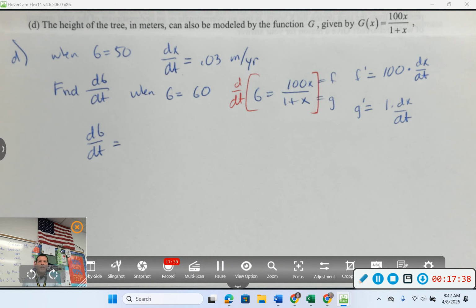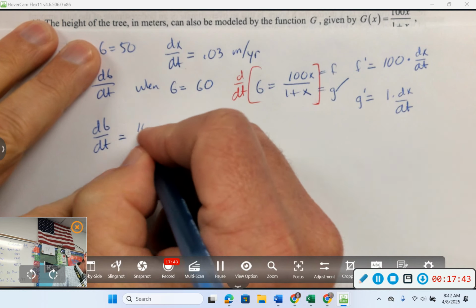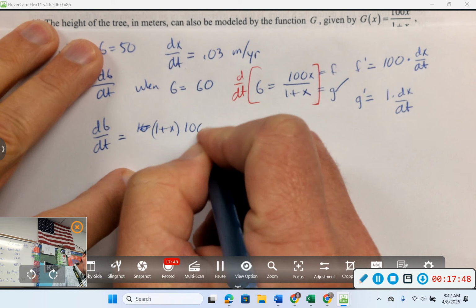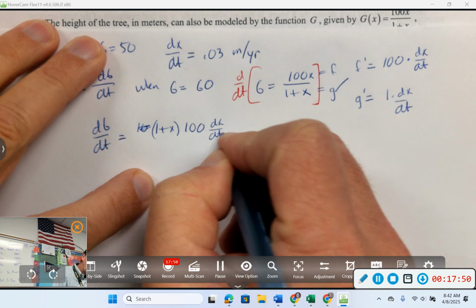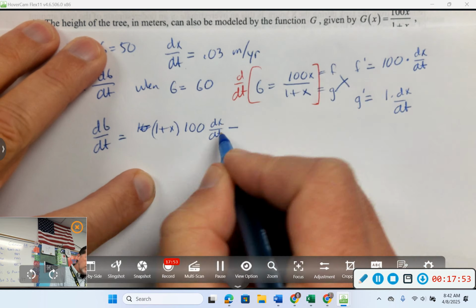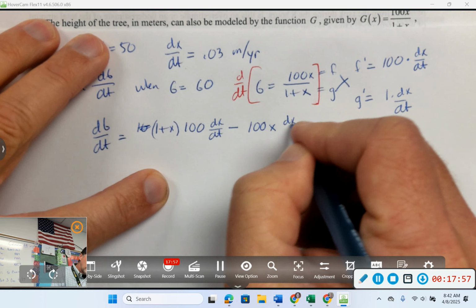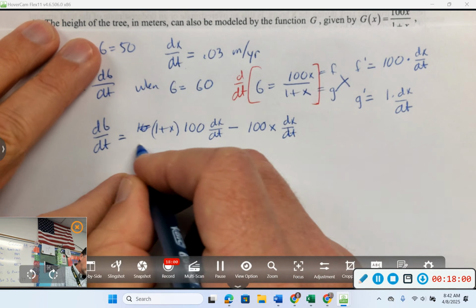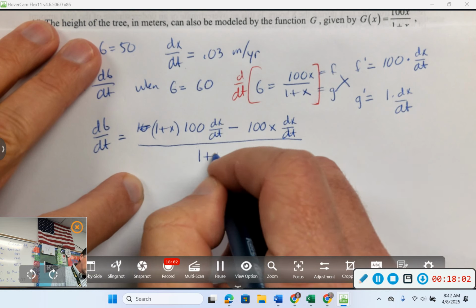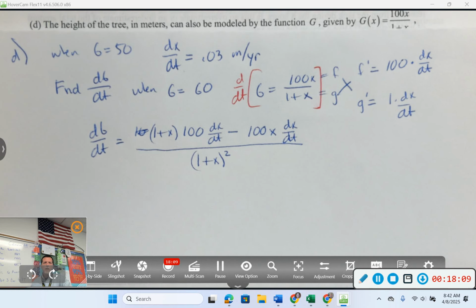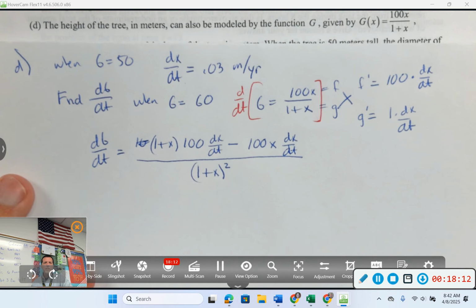Okay, so now I need gf prime minus fg prime. So, 1 plus x times 100 dx dt, gf prime, minus the other way around, 100x dx dt over g squared. Okay, do I have everything I need?